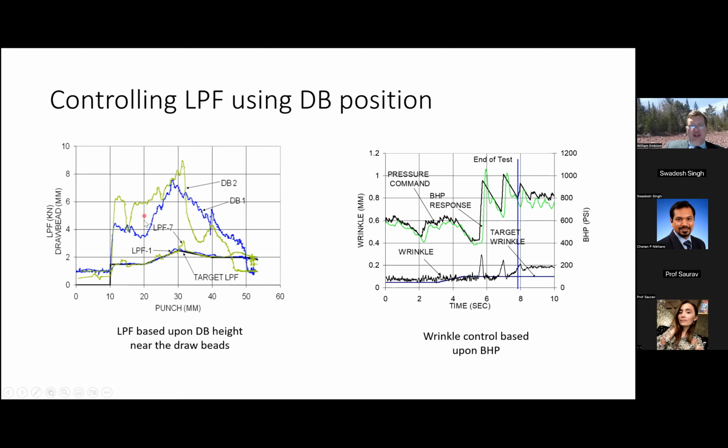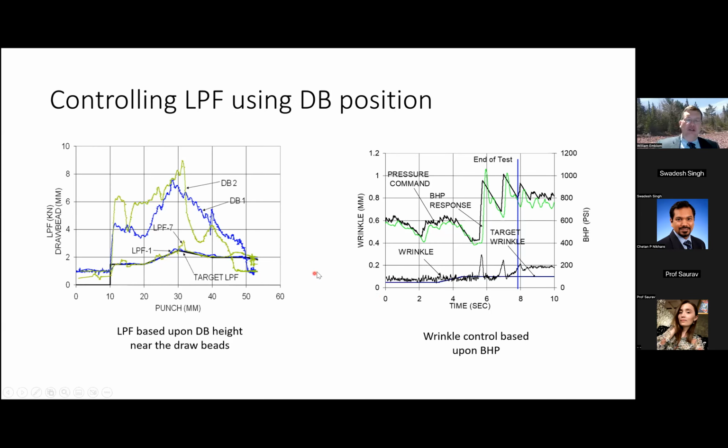What's cool about this is that using a somewhat unsophisticated control scheme, we could independently control the forces, where the draw bead penetration for one draw bead would act as a process disturbance for the other draw bead. And so we were delighted with the results for this particular test.